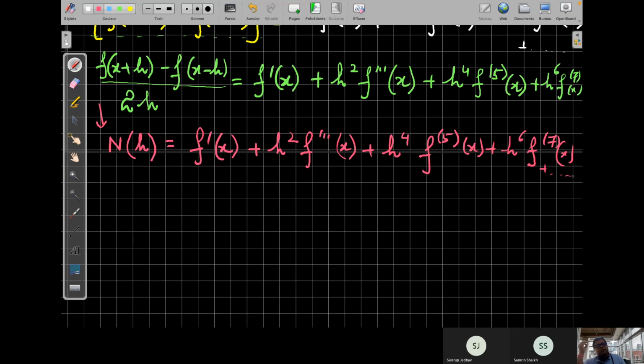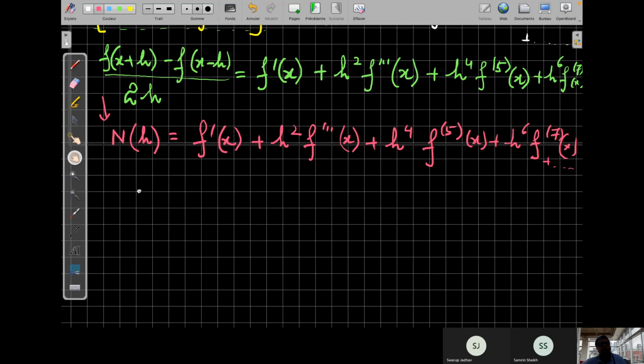Now instead of h, I am going to put h by 2. Let me do that. What will happen if I put h by 2? Can you tell me this? In this expression I put h by 2.